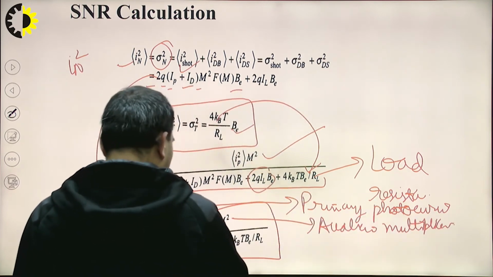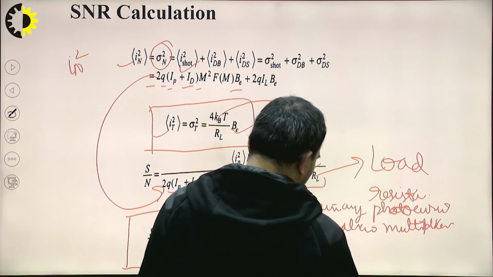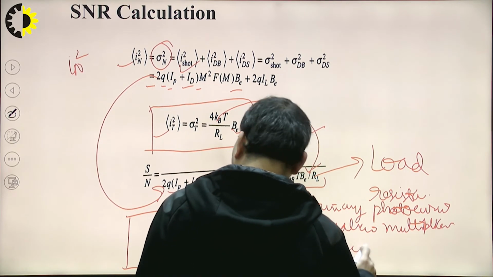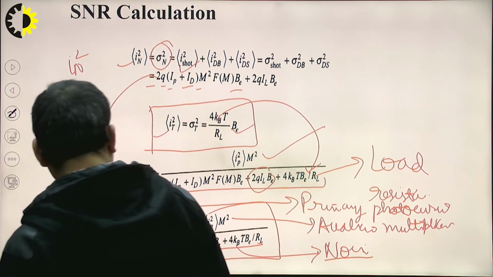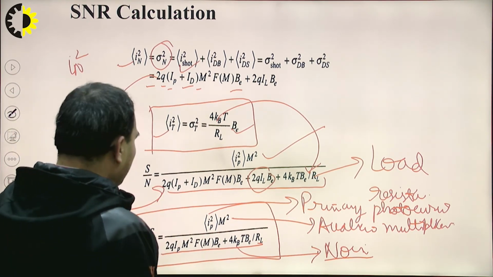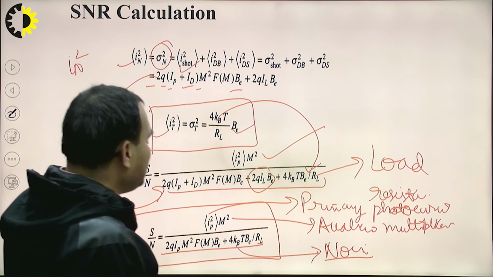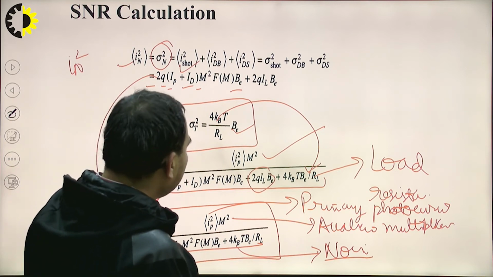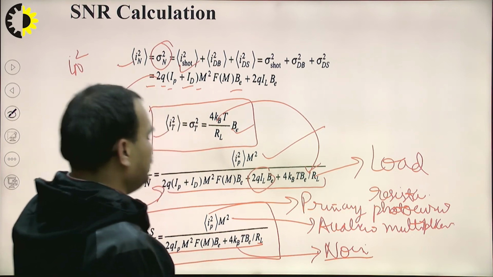The new denominator is nothing but the power of the noise, that is given by 2q IP, where IP is the primary photocurrent, M square FM BE, plus 4 k B T BE by RL.